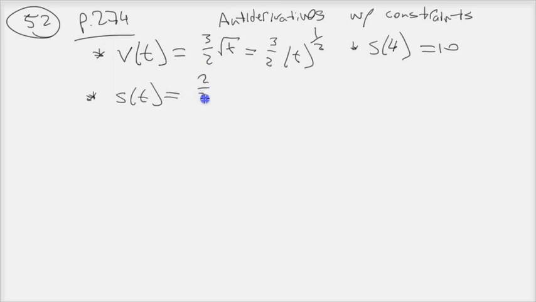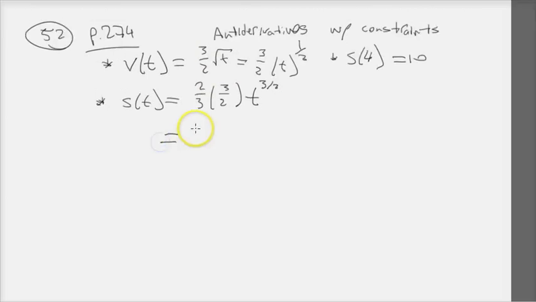So we'd have 2/3 times 3/2 times t to the 3/2. And so that will all cancel out to be 1, and we just end up getting t to the 3/2. But remember, we've got the little plus c out here. So that is s of t.